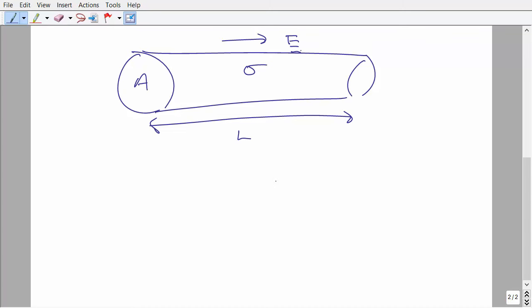Furthermore, the magnitude of the electric field is going to be the potential difference, which I'm going to call V, divided by L. So there's a potential difference between this end and that end, which might be supplied by a battery, for example. So V is that potential difference.